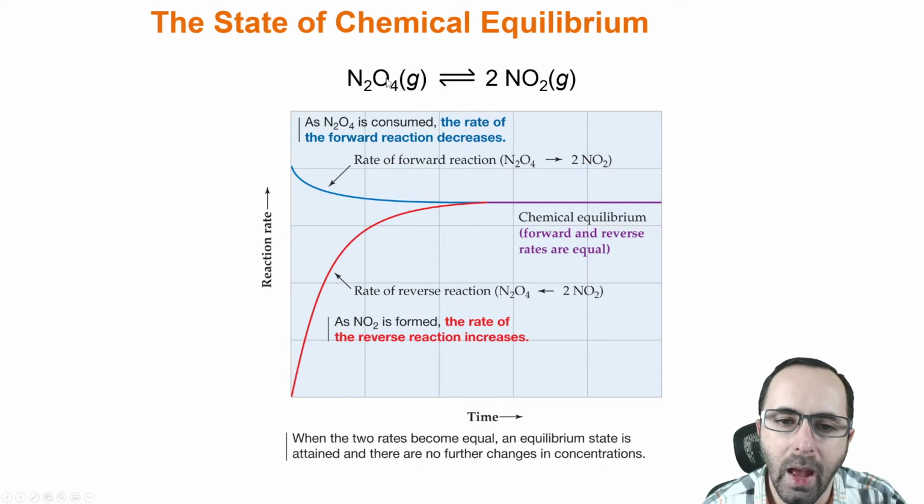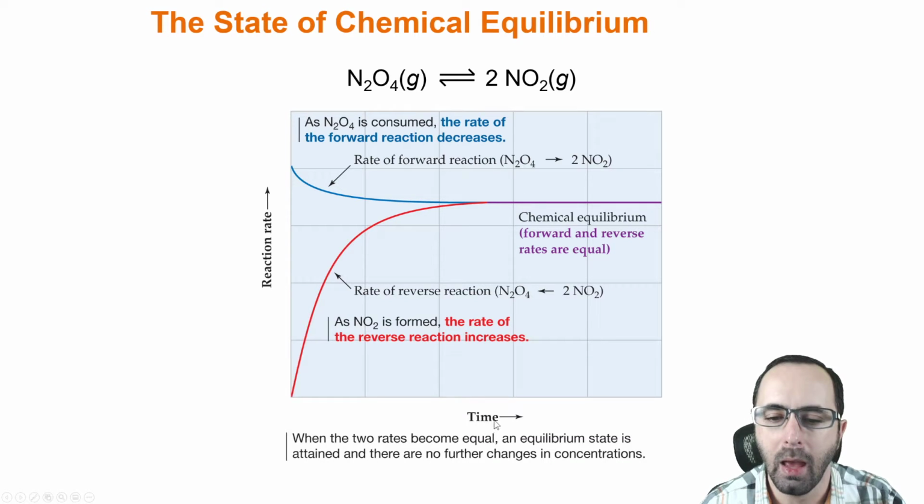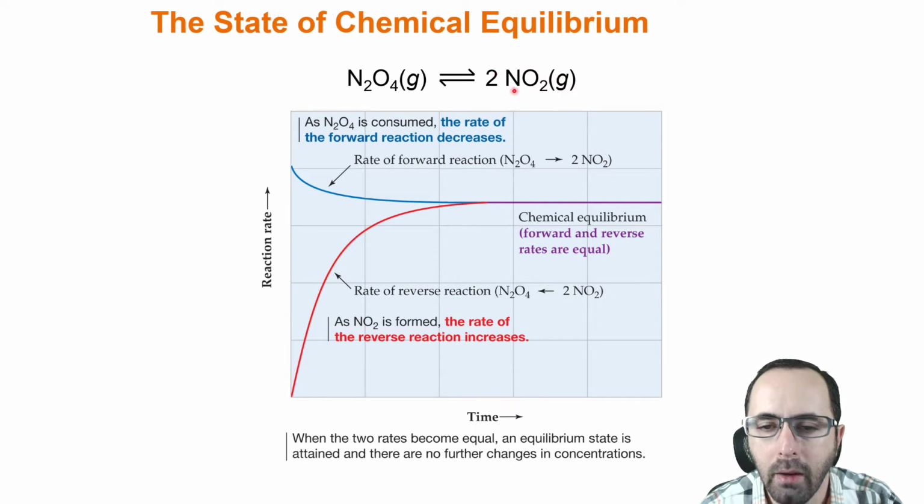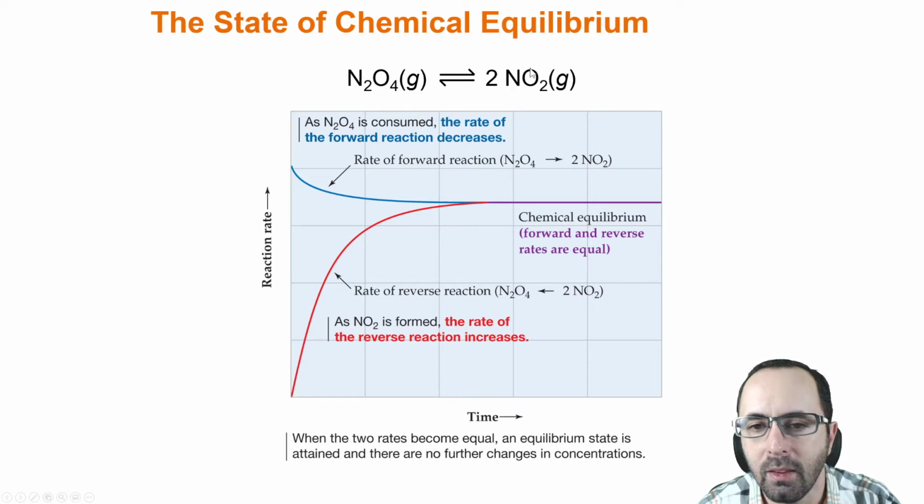But as this reaction is going forward and time is passing here, we're getting more and more of the NO2 product. So as we get higher and higher concentration of NO2, the reverse reaction begins to go faster and faster and faster. And at a certain point, the speed of the forward reaction will be the same speed as the reverse reaction.